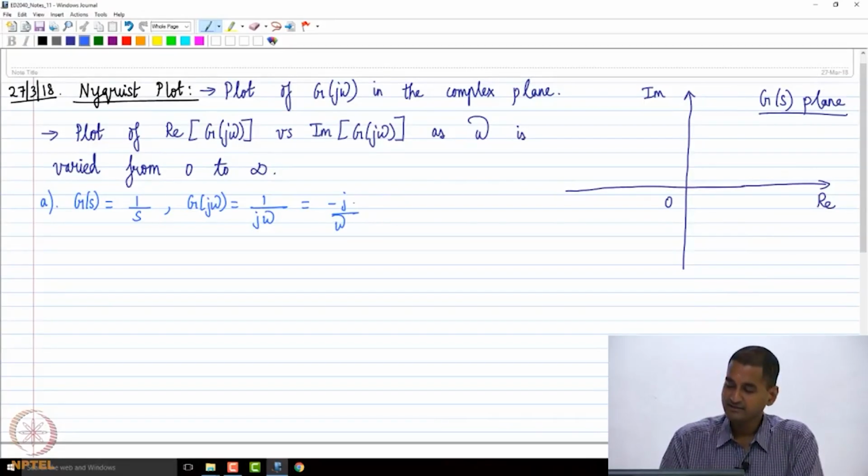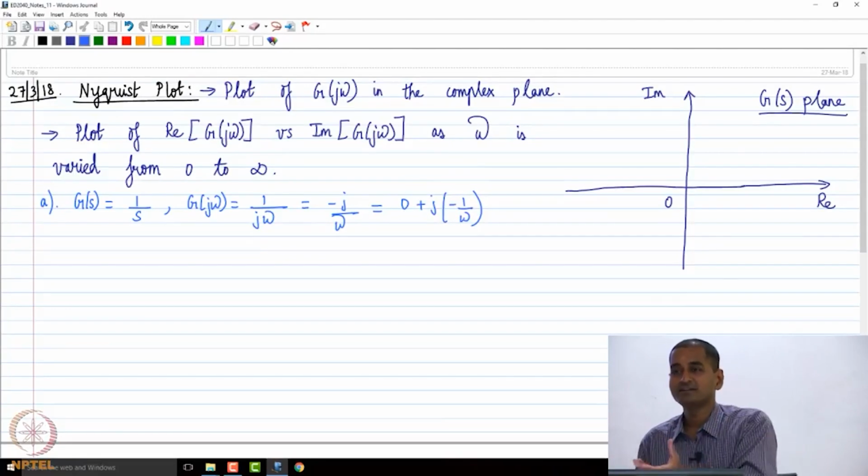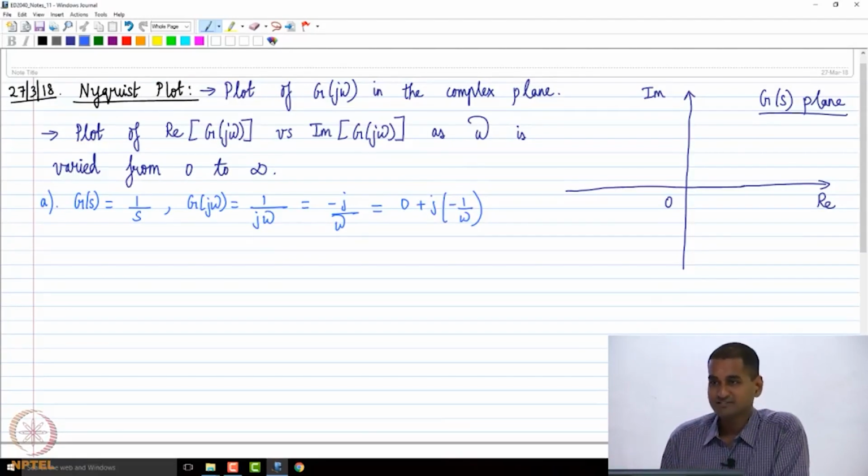I just multiply and divide by j and write it as minus j. So I can write this as 0 plus j times minus 1 over omega. Essentially I am just writing the real part and the imaginary part. And I can follow an alternative representation of complex valued functions: I can write their magnitude and phase.